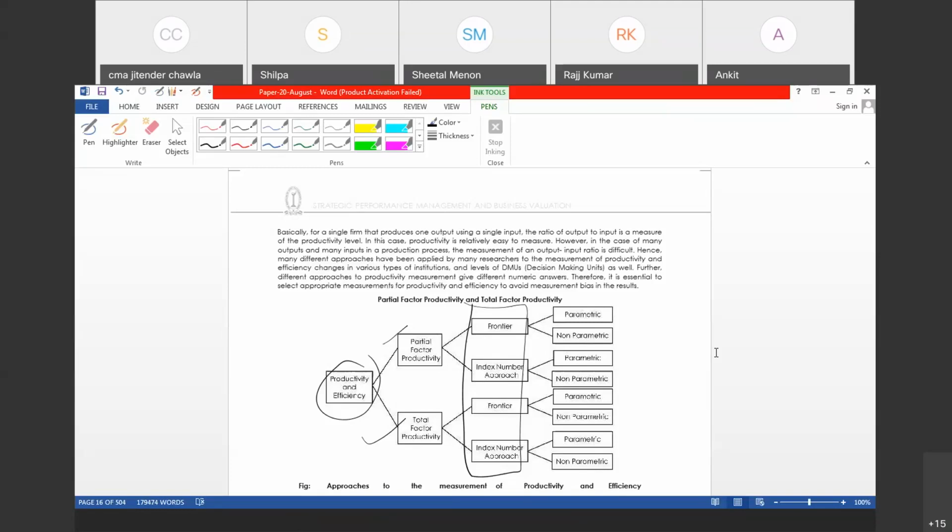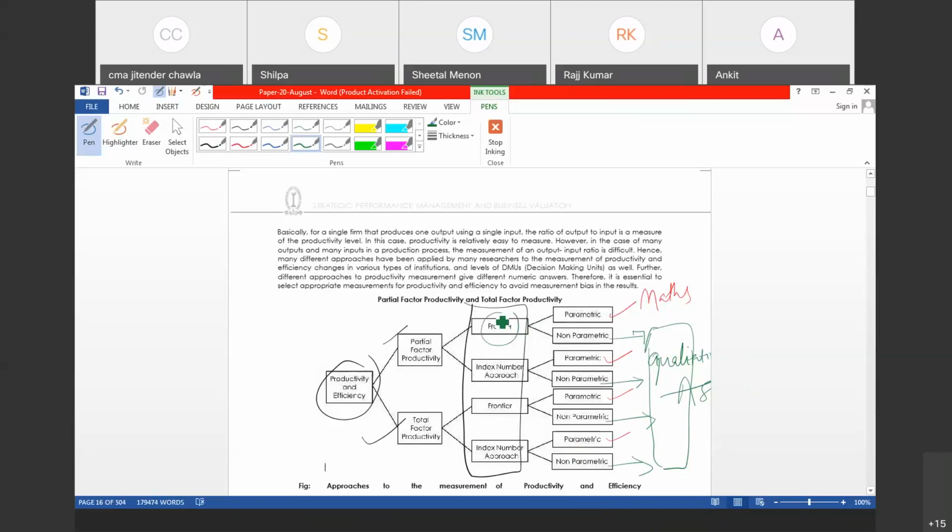Mathematical models are called parametric, which use mathematics. In non-parametric, a little maths is also used, no issue, but it deals with the qualitative aspect.